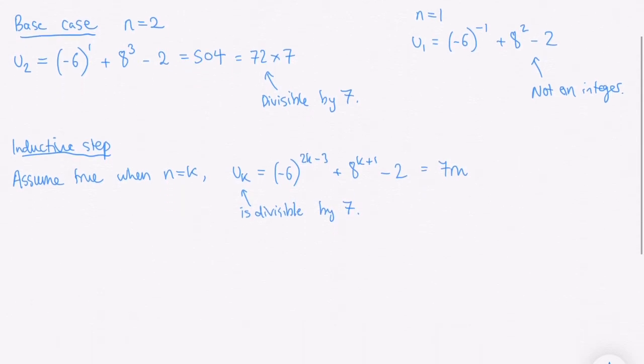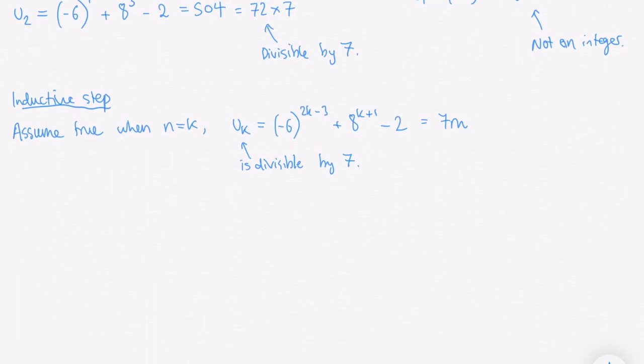And what do we want to show? Well, we want to show if this assumption is true, then it is also true when n equals k plus 1. So we want to show true when n is equal to k plus 1.